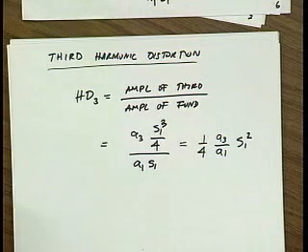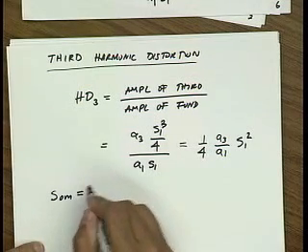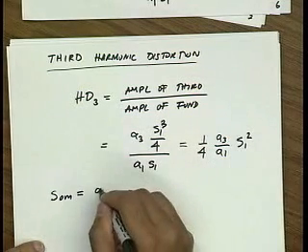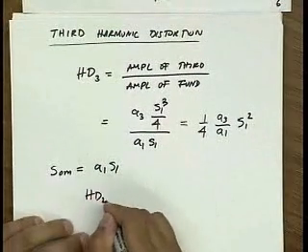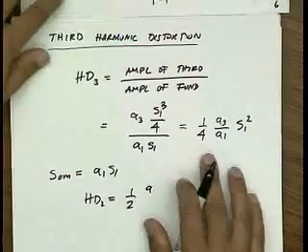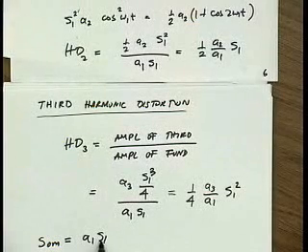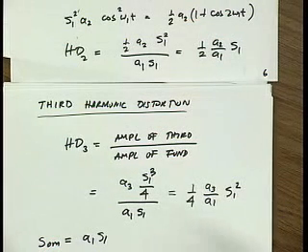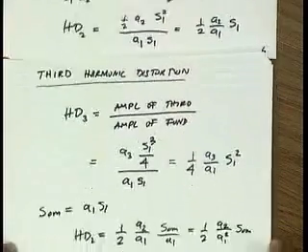Now I can also rewrite these in terms of the output. So S1 is the input. The output is A1 times S1. So I can write HD2 also in terms of the output signal. In that case, I have A2 over A1, and I can just substitute S out over A1, and so I get 1/2 A2 over A1 squared S out.